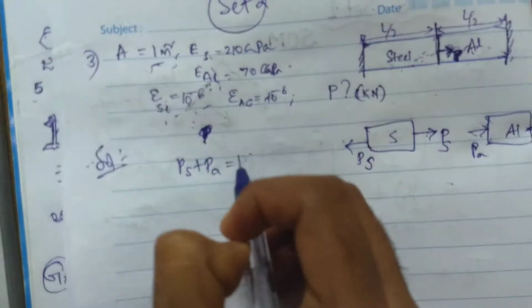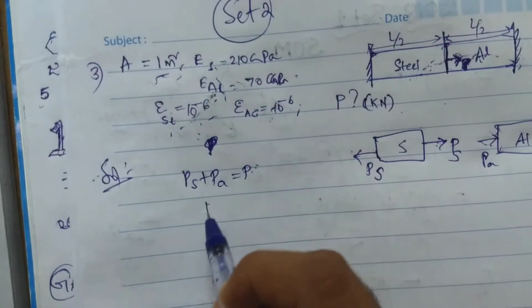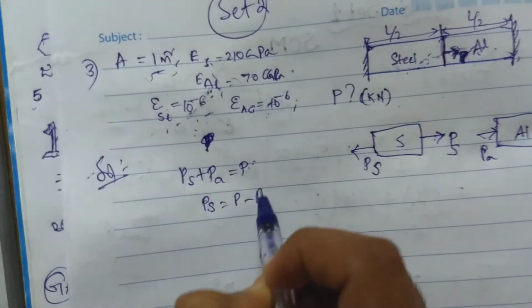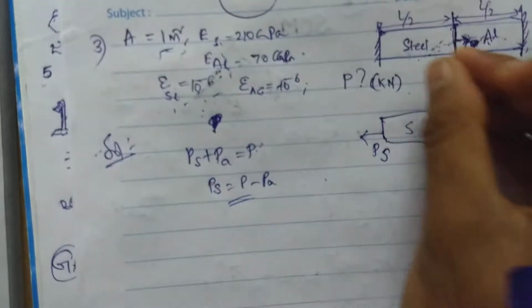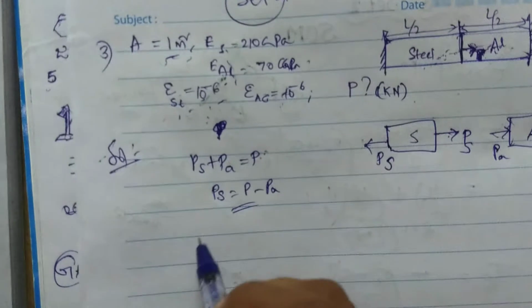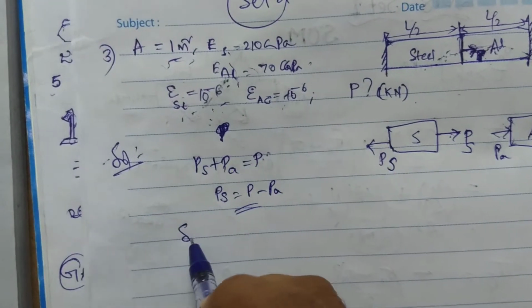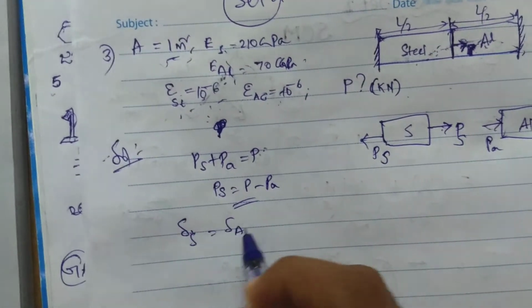PS plus PA is P. So PS is P minus PA. We know that strains in both these bars are equal. So strain in steel equals strain in aluminium.